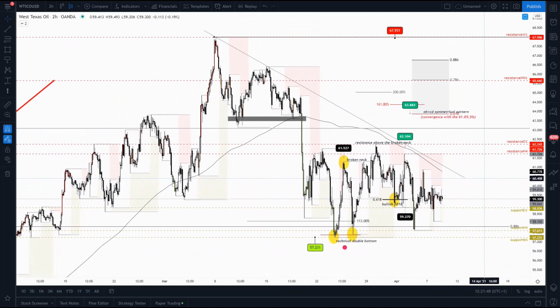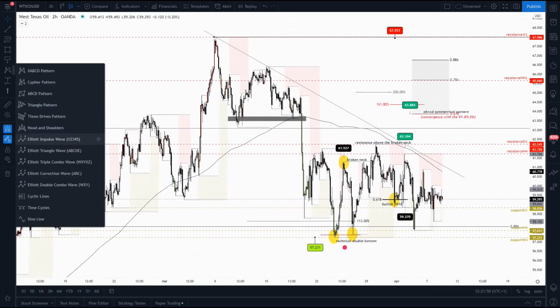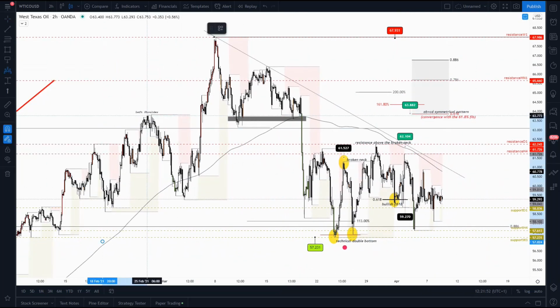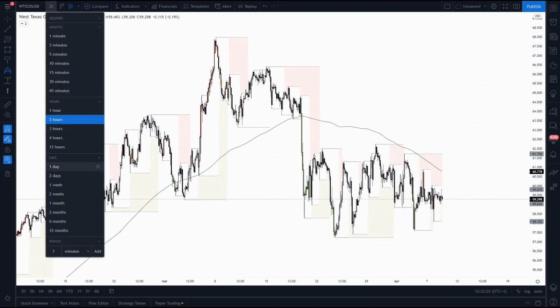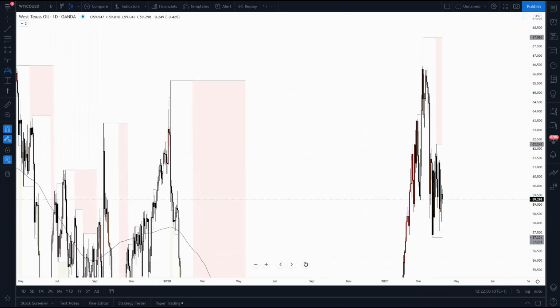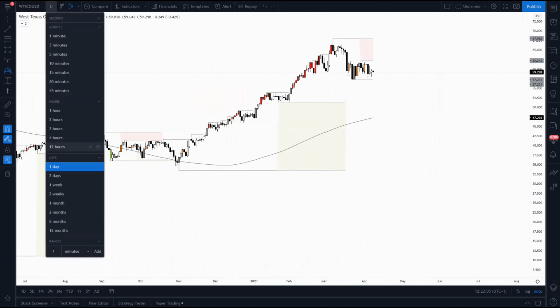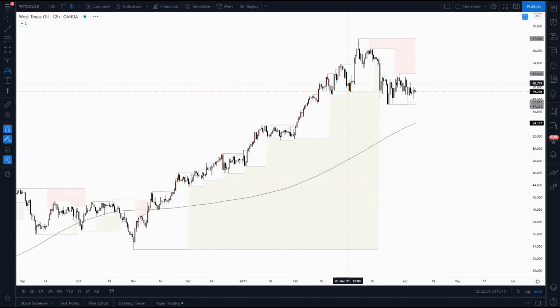As I shared before, on a daily we are also seeing the possibility for a head and shoulders. Okay, on a daily time frame chart, I believe it's clear. Actually, let me decrease that to the 12 hours time frame.